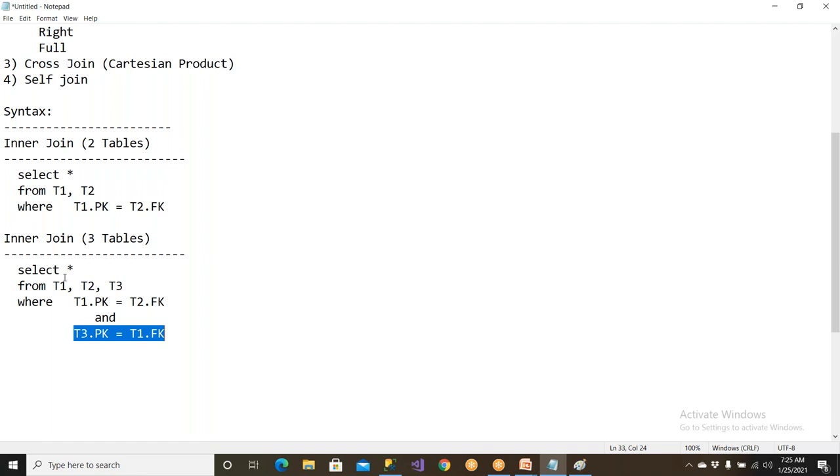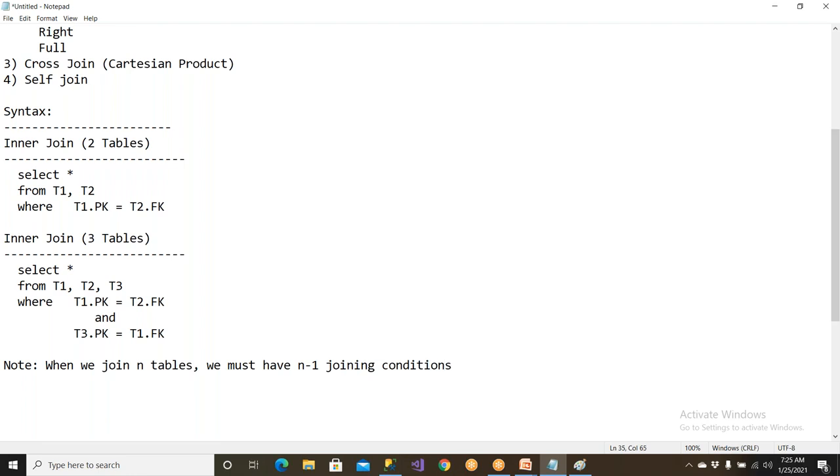If you see, I have joined three tables here and I have written two conditions. This is one predicate condition and this is one more condition, but I'm joining three tables. So there is a rule. What is the rule? When we join n tables, we must have n minus 1 joining conditions.